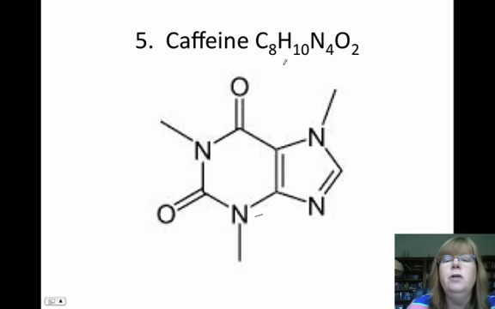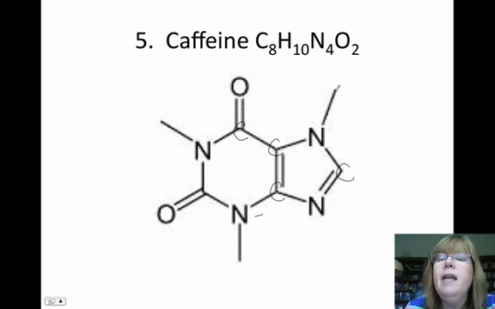And even though you don't see any carbons down here, there are 8 of them. Where lines come together, it's understood that that is a carbon atom. And so at the end of this line, it's understood that there's a carbon there, and at the end of this line, and at the end of this line.